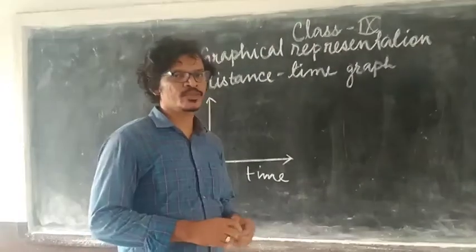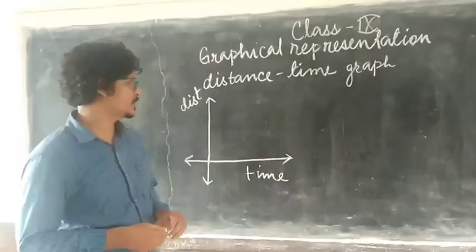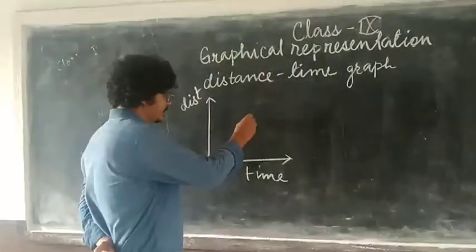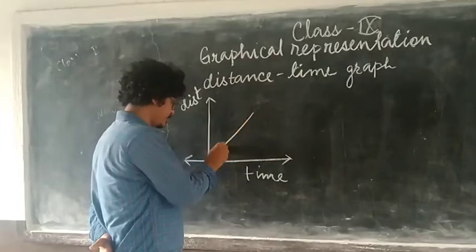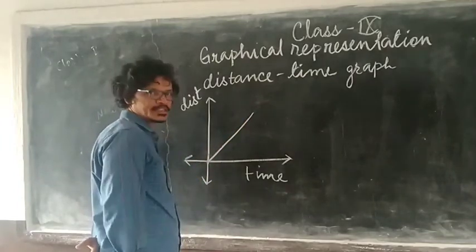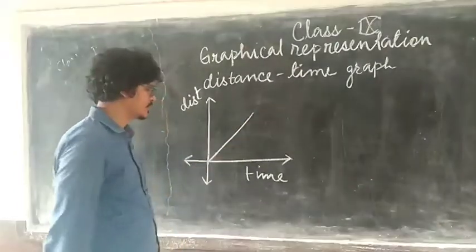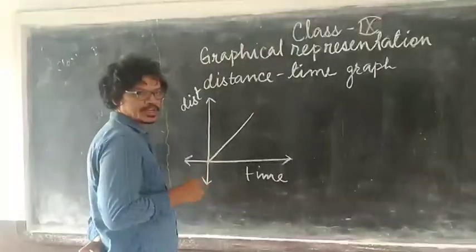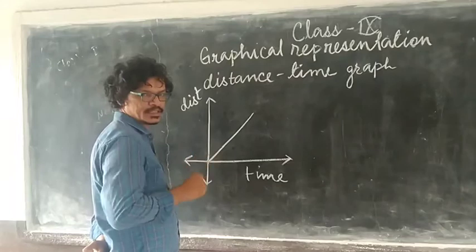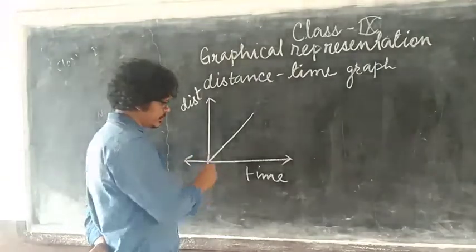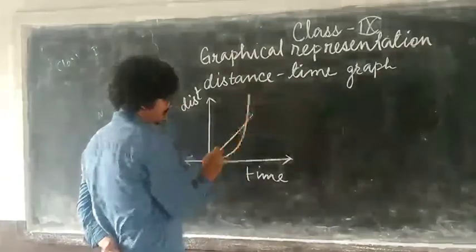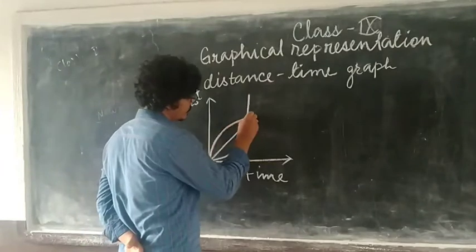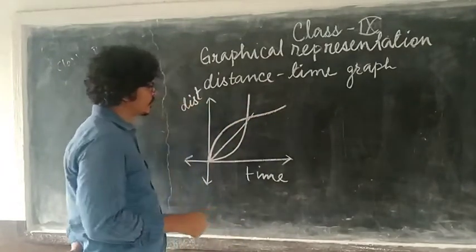Now there is more than one possibility of graph. One is a straight line passing through the origin. This is the origin. There may be two types of graph: one is a straight line and one is a graph which is not a straight line, something like a curve.